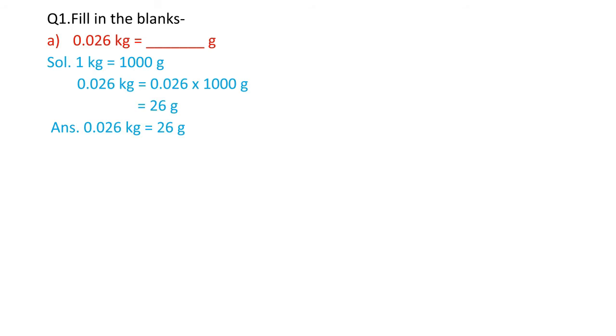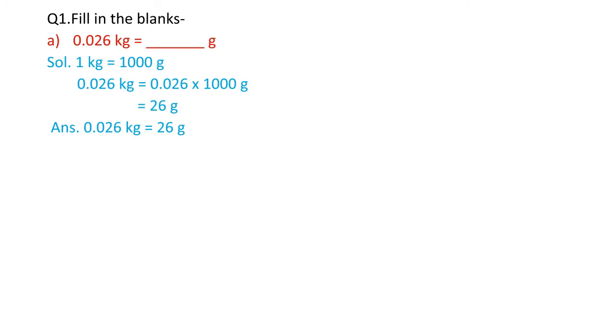Here we are multiplying by 1000 because we are converting a higher unit into a lower unit. So when you multiply 0.026 into 1000, it comes 26 gram. So the answer is 0.026 kilogram equals 26 gram.